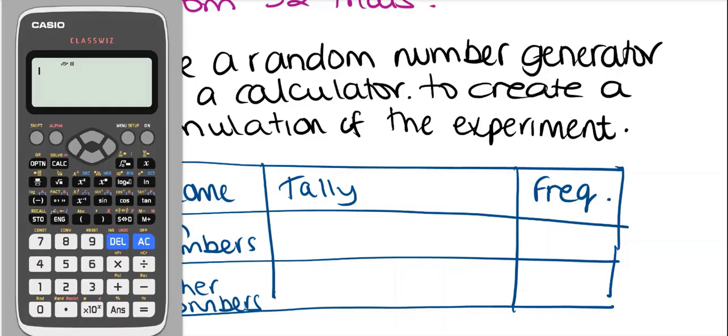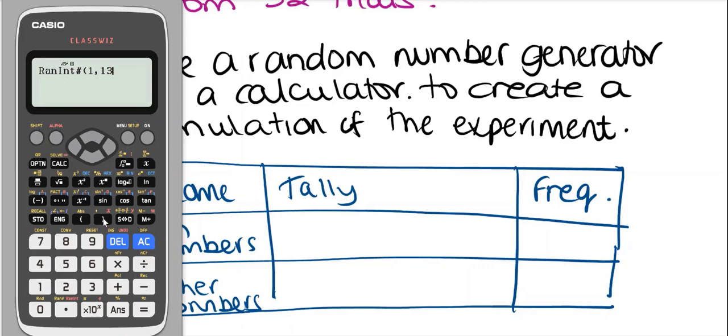So I have the Casio ClassWiz. What we can do on here, we have the alpha button. If you go to alpha, and then above the decimal point we have rand. So random here, and we're going to choose our numbers between 1, then a comma, which is shift and the bracket, and the last number is going to be 13.